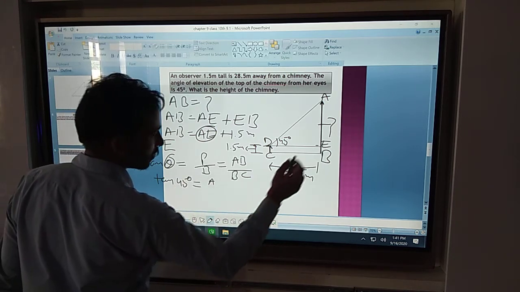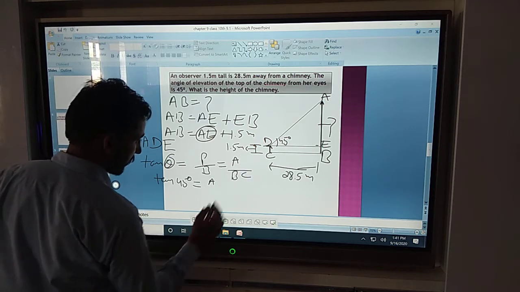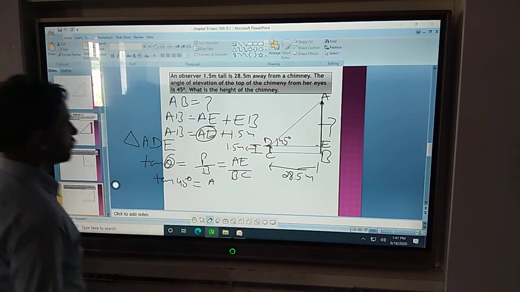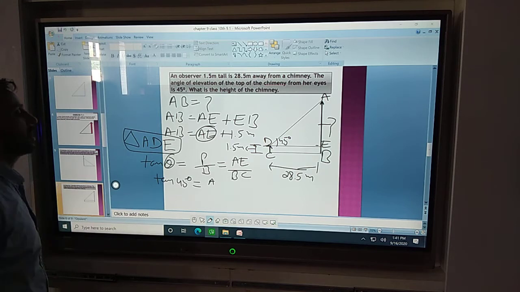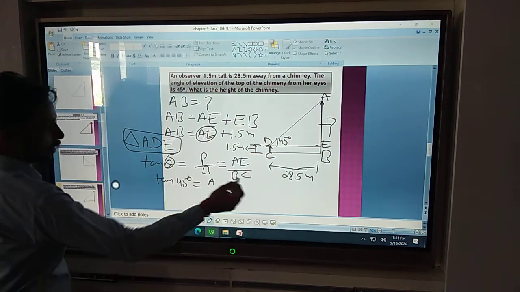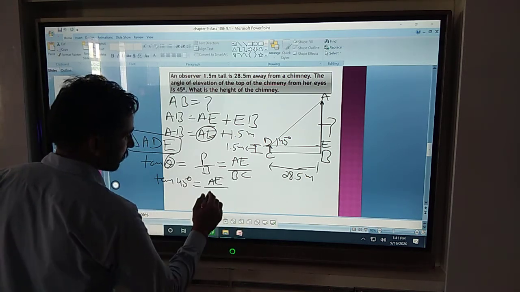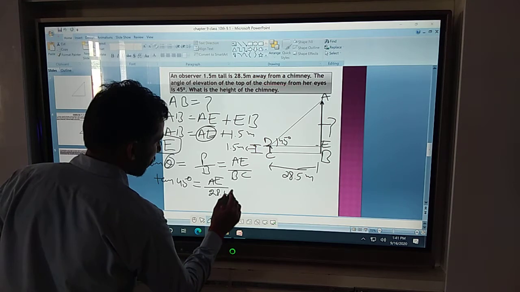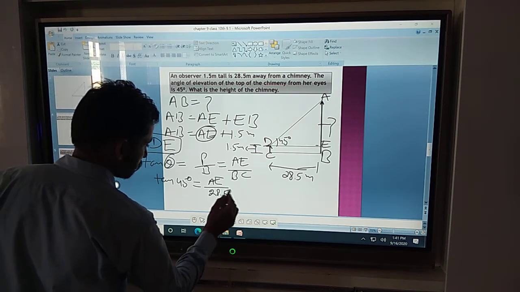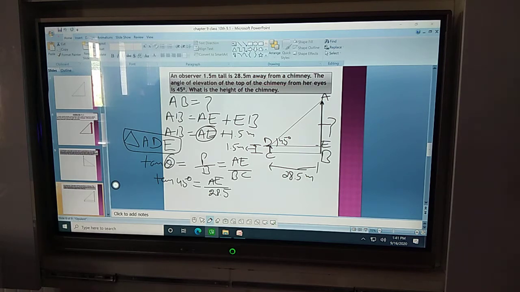Now AE we have to find, and BC is given, 28.5. From here we can find the value of AE.